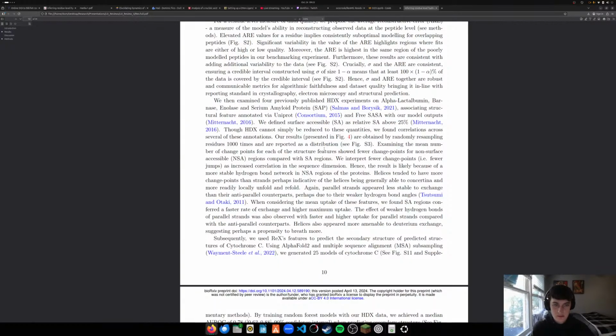Our results are obtained by randomly resampling 1,000 times. We interpret fewer change points, fewer jumps as increased correlation in the sequence image. Although HDX results are obtained randomly resampling residues 1,000 times.